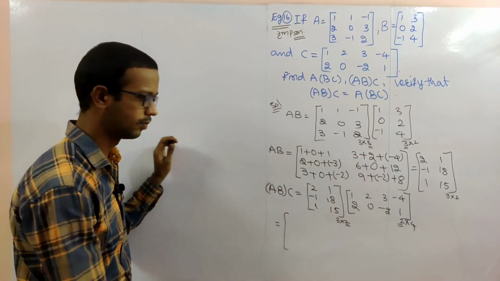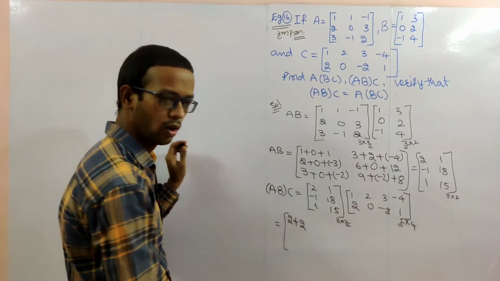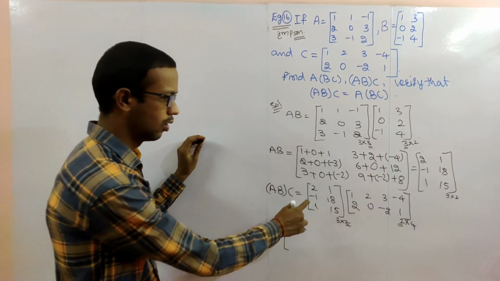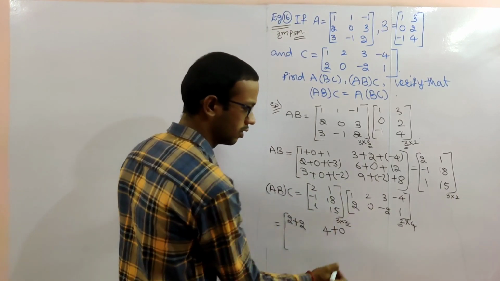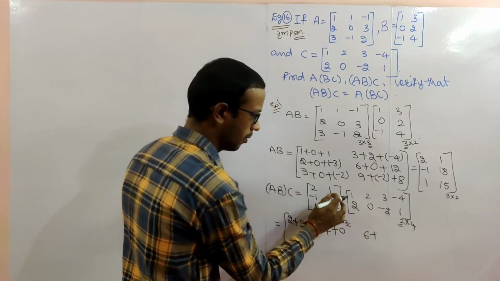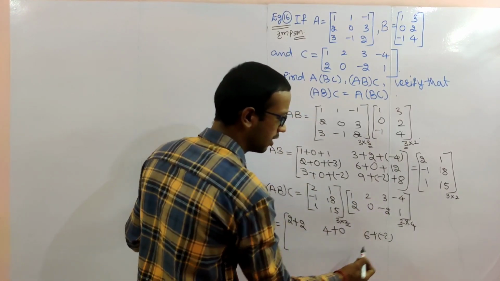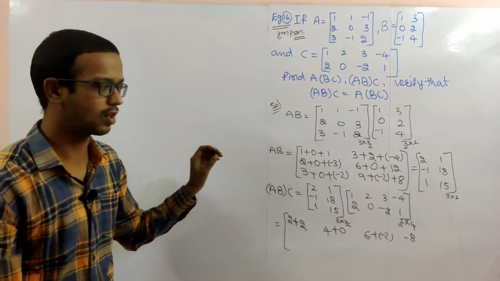Row by column. 2 1s are 2, plus 1 into 2 is 2. Next, 2 2s are 4, plus 1 into 0 is 0. Next, 2 3s are 6, plus 1 into minus 2 is minus 2. 2 4s are minus 8.